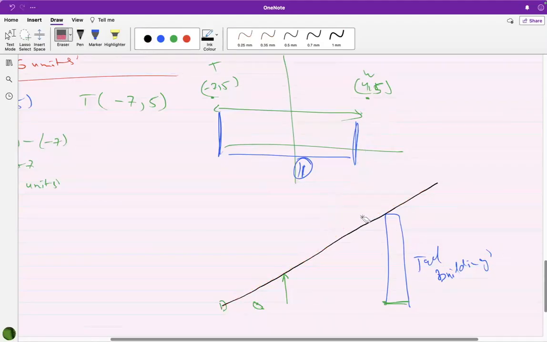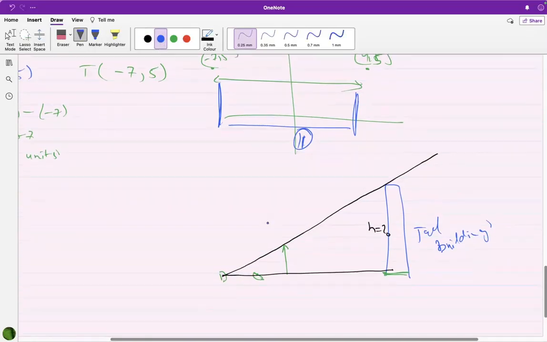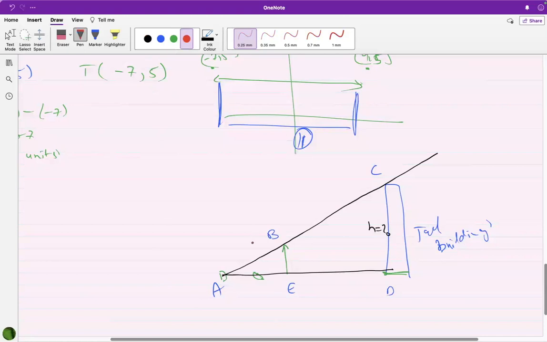So now they ask me about the height. Height is unknown. For us to communicate, I'm labeling it A, B, C, D, E. I would know the height of BE because I placed that object.